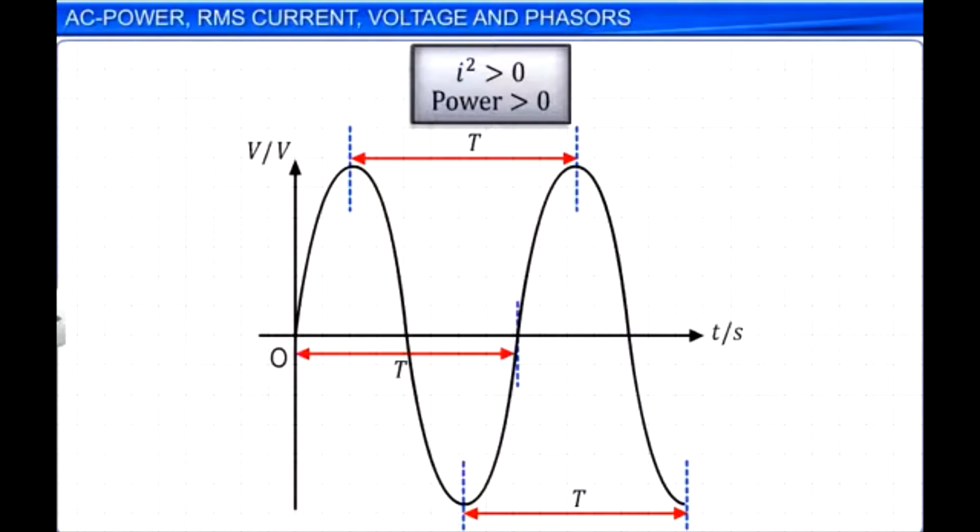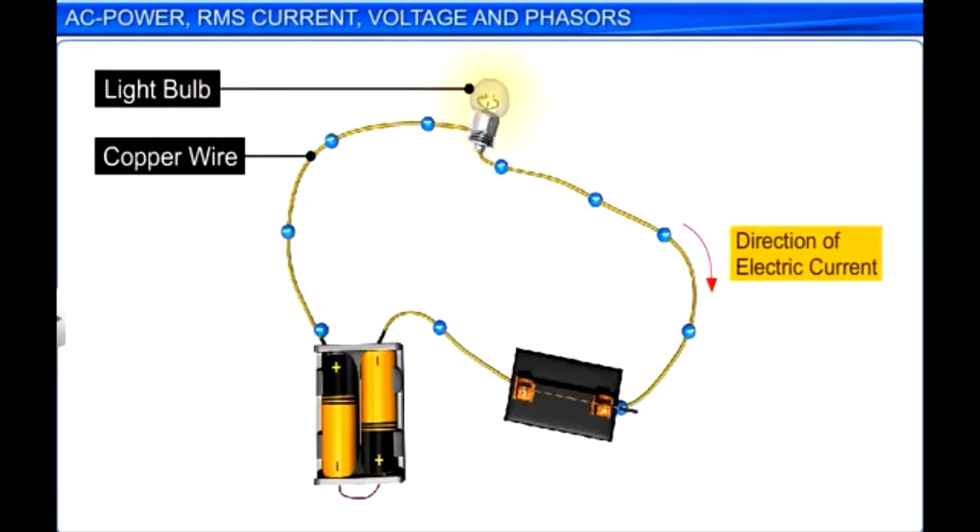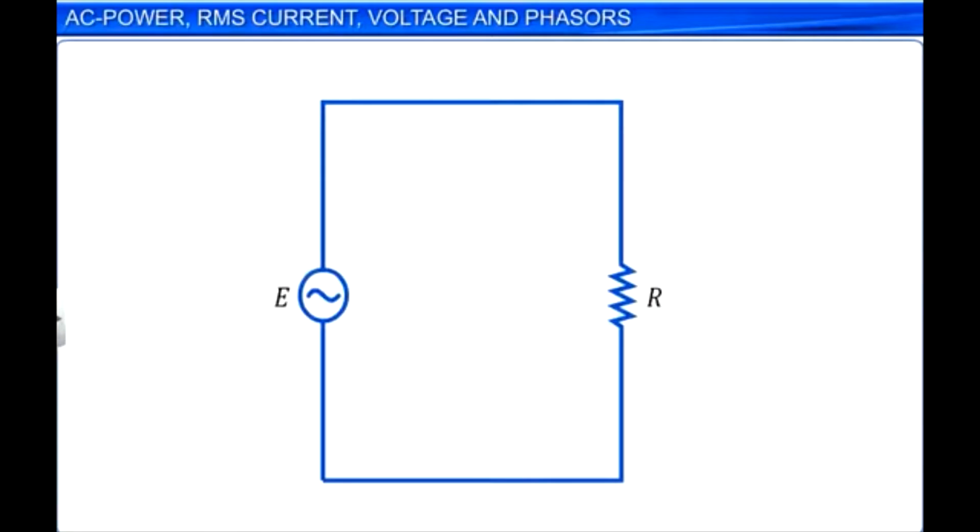We know that electric current refers to the flow of electrons in a circuit, and the direction of the current is conventionally taken to be the one opposite to the direction of the flow of electrons. As electric current passes through a resistor, the resistor gets heated.